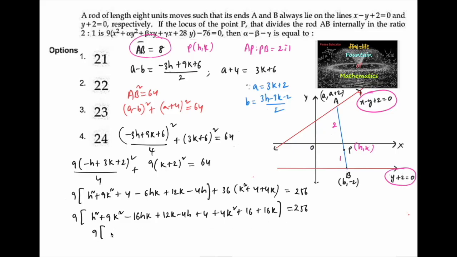Or 9 times we can add h², and here 9k² plus 4k² is 13k², and we got only 6hk, sorry, this is 6hk. So this is 6hk.